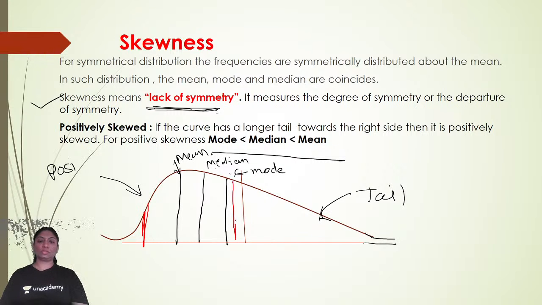Therefore there is a longer tail on the right hand side of the central value. We will take one example of how we can see that the data is positively skewed. Suppose the heights of students are given. This is your central value.